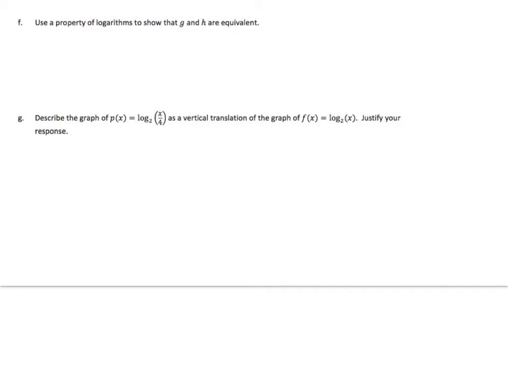So use a property of logarithms to show that g and h are equivalent. So these are the steps, all the properties of logarithms we learned in the first half of the unit. So if I write down, let's see, g of x was log base 2 of 8x. I can mess with that a little bit and say I'm at log base 2 of 8 plus log base 2 of x, right?